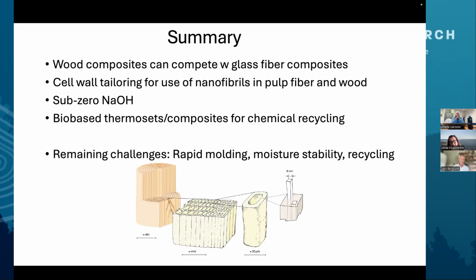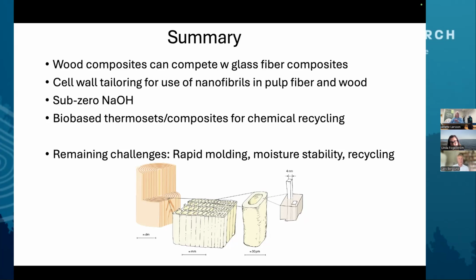You really need to swell the cell wall. We have used different types of plasticizer, and to some extent I suppose they also go in and swell a little bit, but maybe not so much.